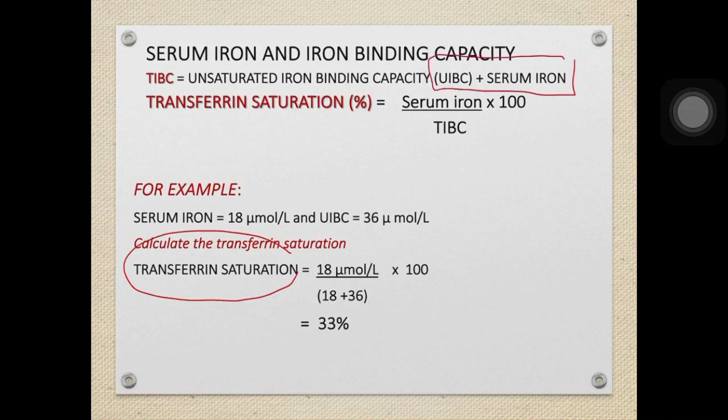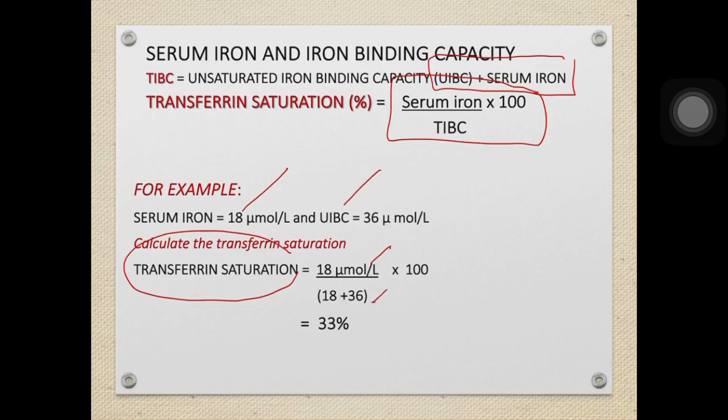And to compute for the transferrin saturation, serum iron over the TIBC times 100. So when given this value, serum iron is 18 and unsaturated iron binding capacity is 36. So how do we compute for the transferrin saturation? Value of serum iron over the TIBC.